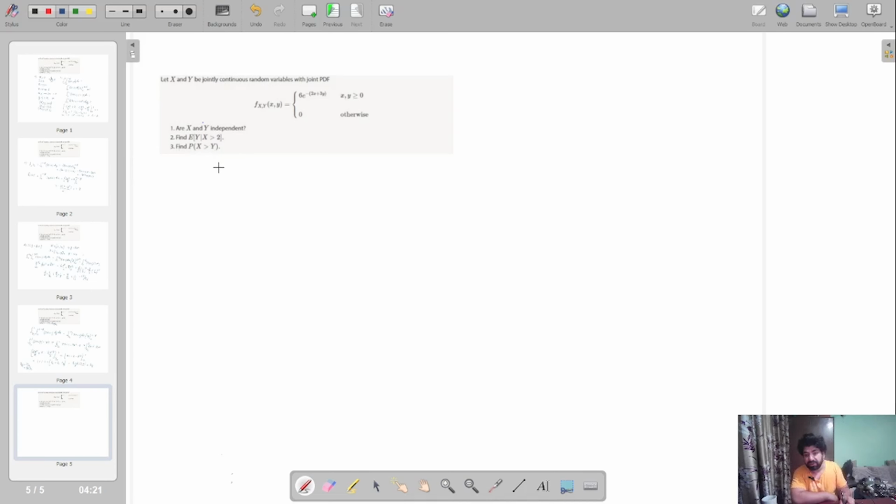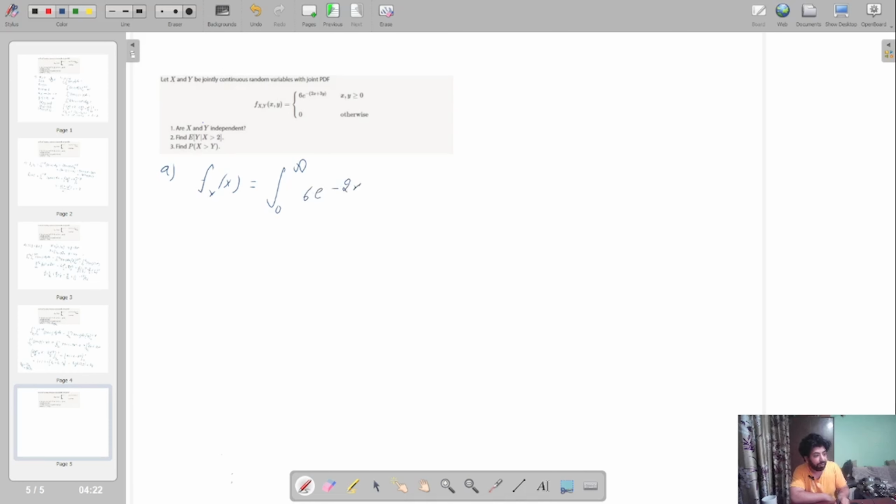So I will first find out the marginal PDF for x. I can write it like this, and here I have also been given that x and y are greater than or equal to 0. So in this case I will have my limit from 0 to infinity, and I'll just write down the function.